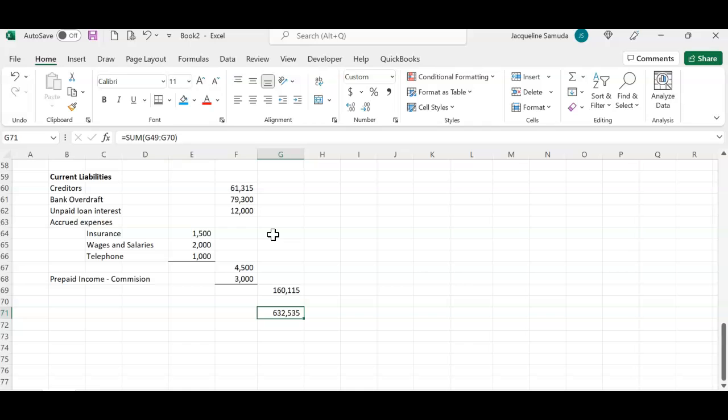So let's go. I'm going to go and pick up the depreciation figures from the other worksheet. So let me quickly jump over and pick that up.